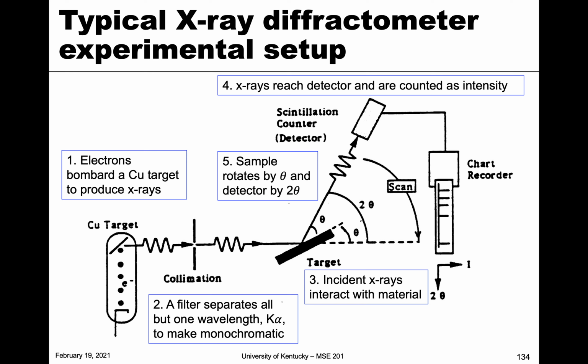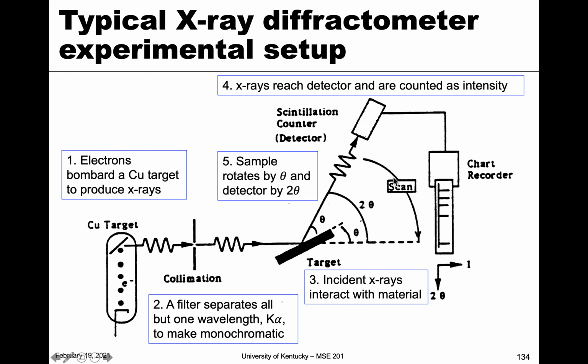However, what we should keep in mind here is that, if we're comparing this geometry, the X-ray source is typically stationary. What we do is rotate the target or the sample by theta, and then we rotate the detector.